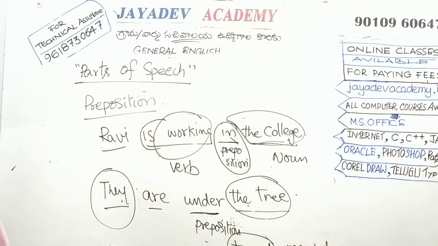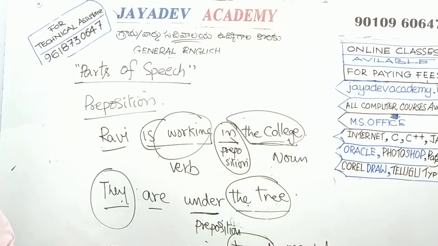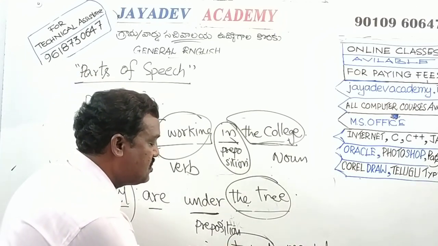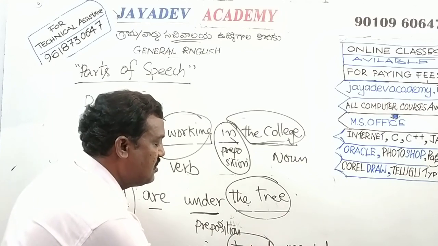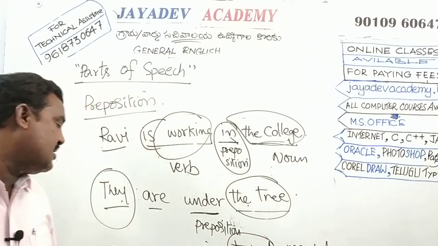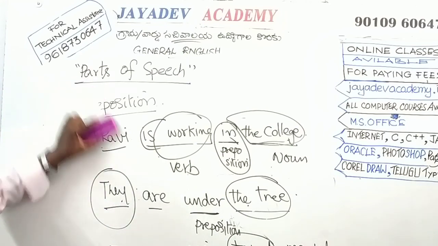Where are they going? They are going towards market. If towards is not there, we can't understand the meaning between going and market. So towards is a preposition which shows the relation between market and the verb going. So these are the functions of preposition.